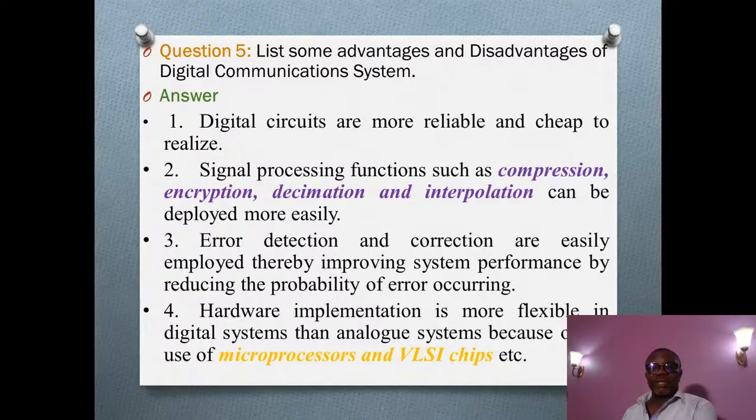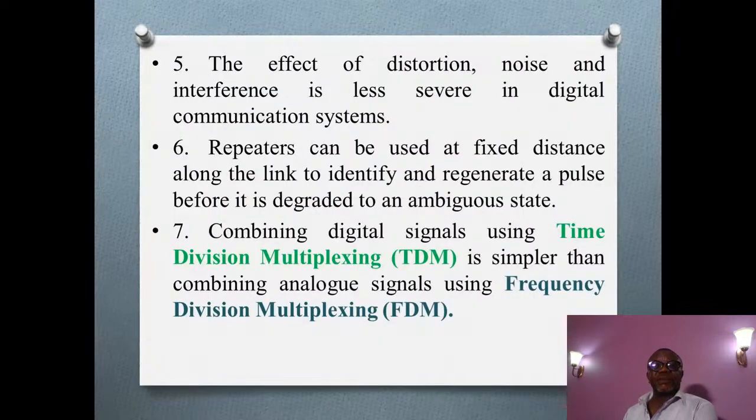So when you use that, you see that the analog circuit that would have been bulky will have been reduced to just a chip to achieve a similar thing. So it's a big advantage.